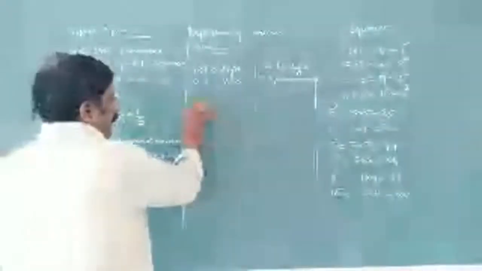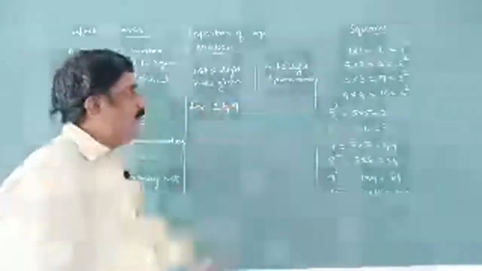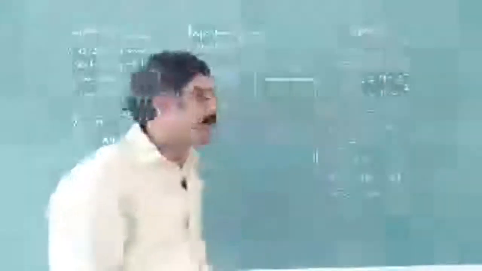Units digit in the given number, units digit in the square number. So first of all, for 1 and 9, if I am taking 1 we are getting 1, and for 9 also we are getting 1. So for 1 and 9, we will get 1.